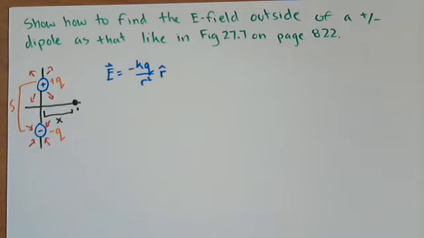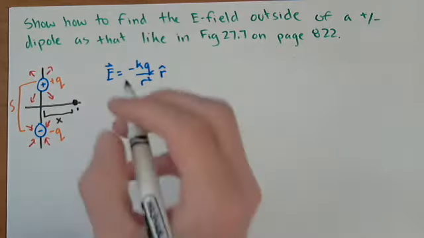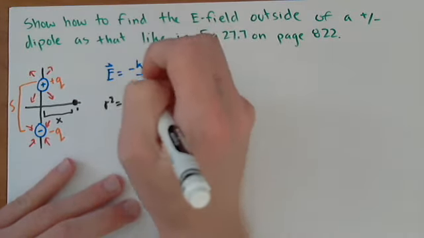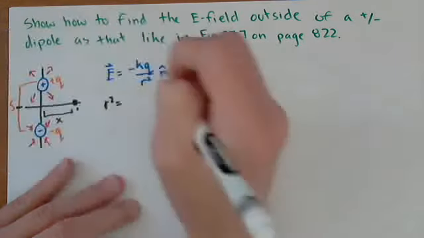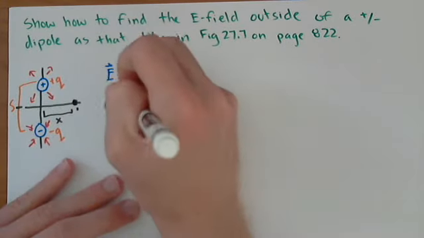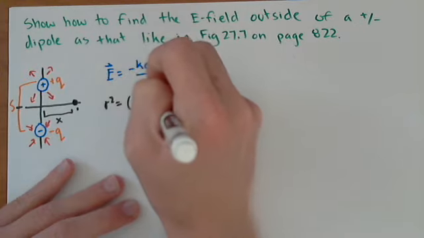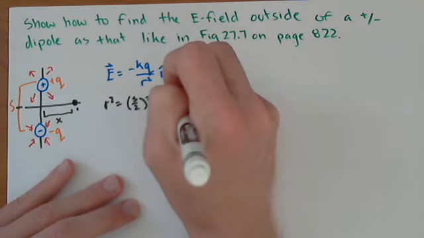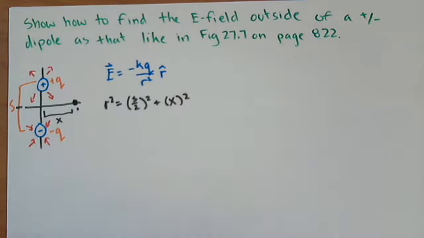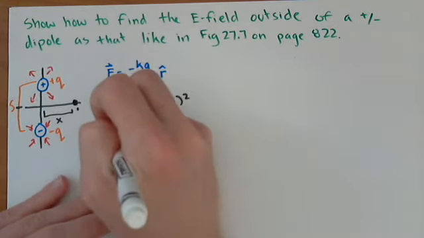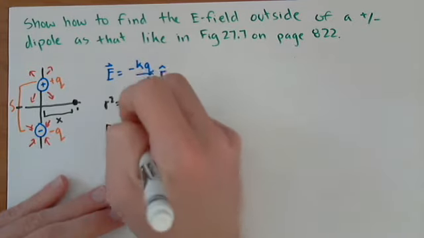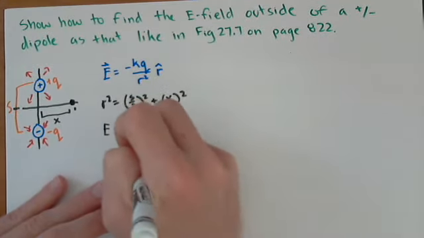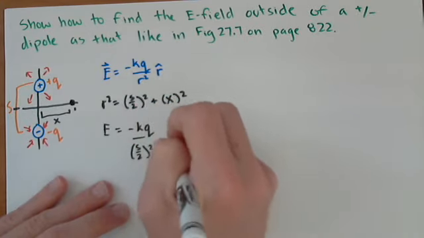So r squared is equal to s over 2 squared plus x squared. We can plug this in and we get E equals negative kq over (s over 2 squared plus x squared).